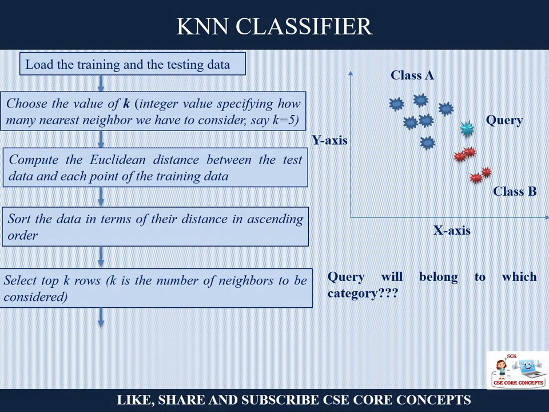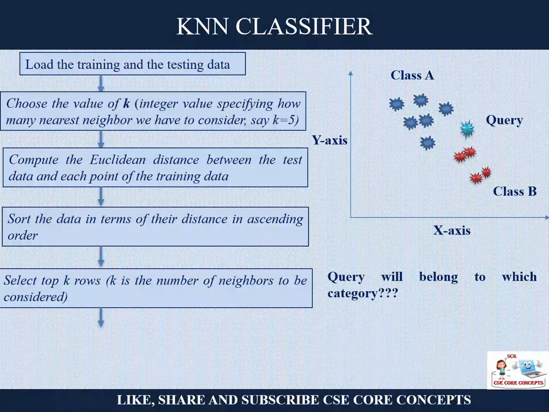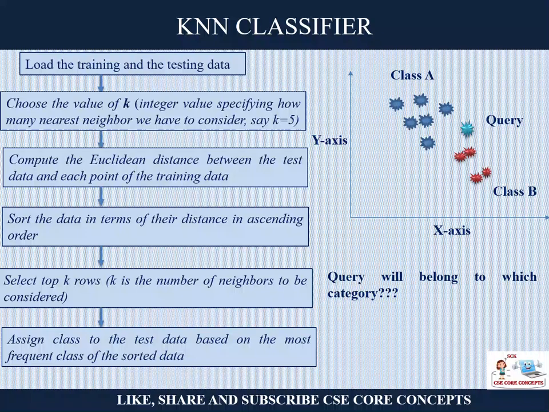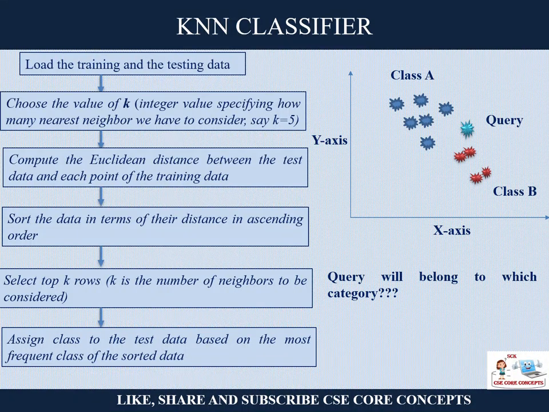If you selected 5, you take the top 5 rows. If you want to consider 10 neighbors, select 10 neighbors. And among them, whichever class is the majority, this data point will belong to that class.